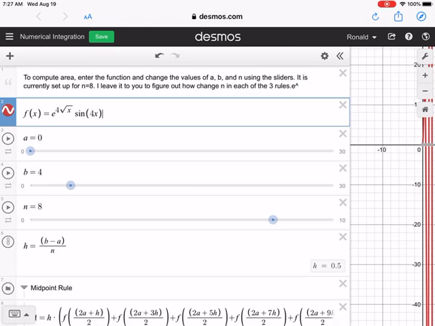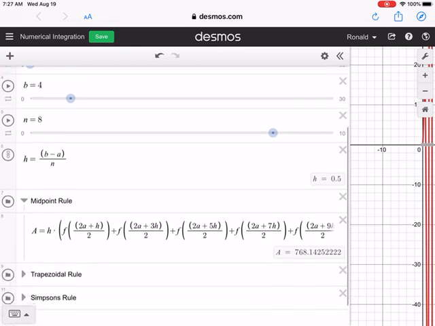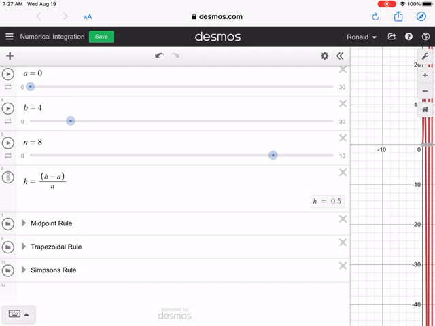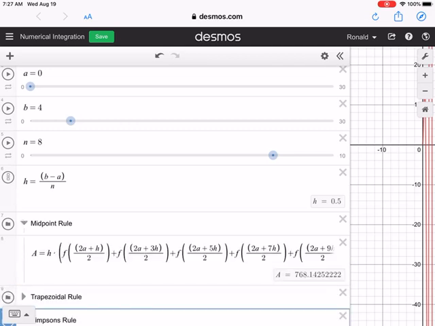So let's just take a look at the midpoint rule, which I have right here. By the way, I have the midpoint rule, trapezoid rule, and Simpson's rule. Here's the rule. Notice the first term, f of (2a + h)/2, plus f of (2a + 3h)/2, plus f of (2a + 5h)/2, (2a + 7h)/2, (2a + 9h)/2, and on it goes.